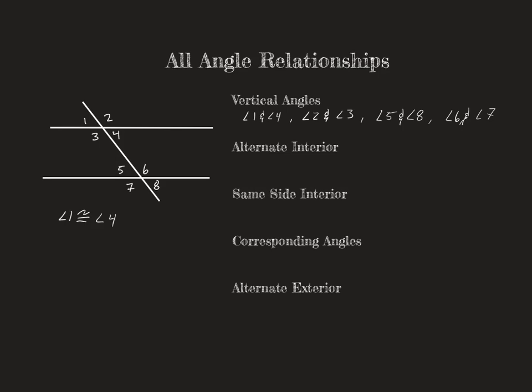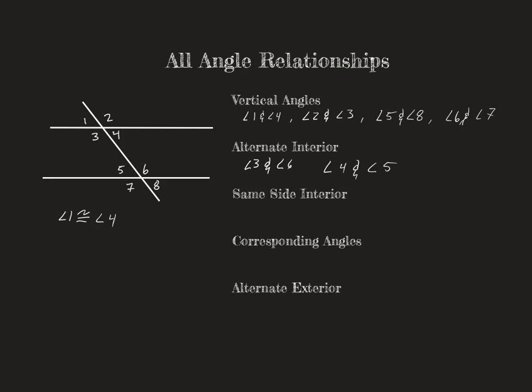So to identify, I'm going to put angle 3 and angle 6 are alternate interior angles. And then you also have angle 4 and angle 5 are also alternate interior. Now, because they are alternate interior angles, they're also going to be congruent.